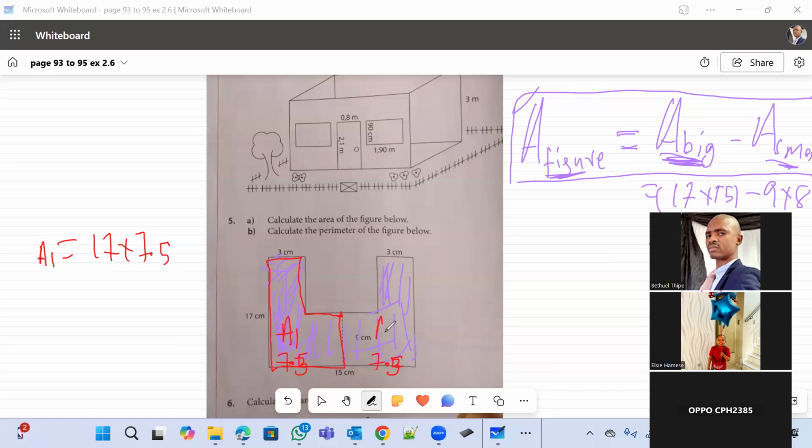Then our area A2, where A2 equals what? 7,5 times what? 17 still, because they look identical, just how they share in the middle. Into 17, because like the opposite, 17. I fully agree with you, but the number that you get there, 7,5 times 17, we include only this piece in your calculation.